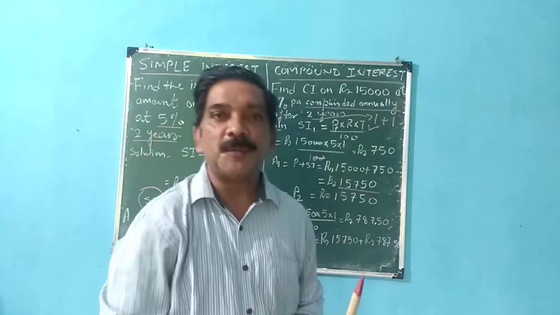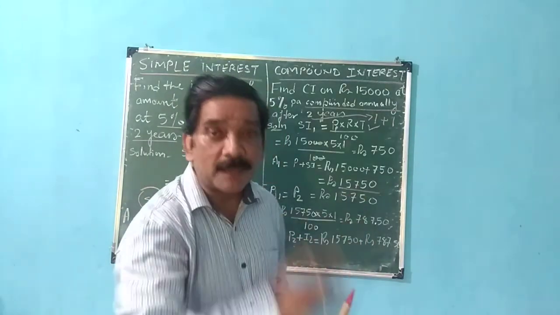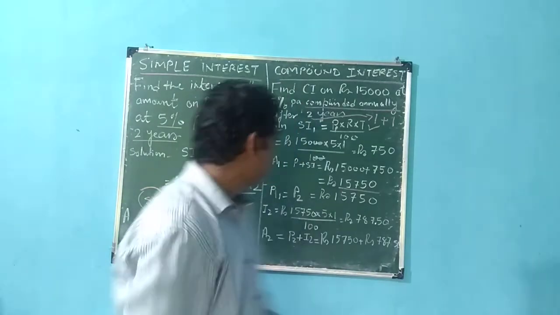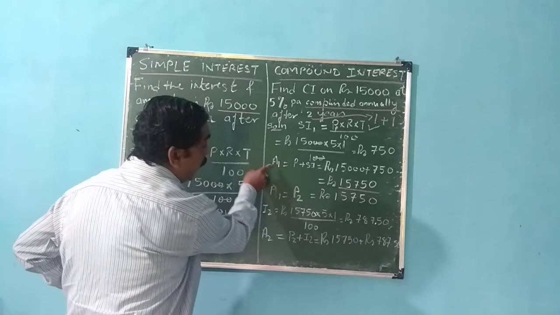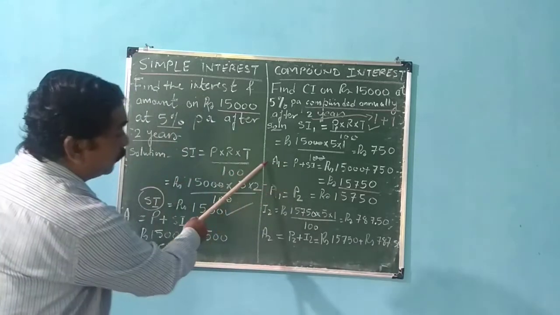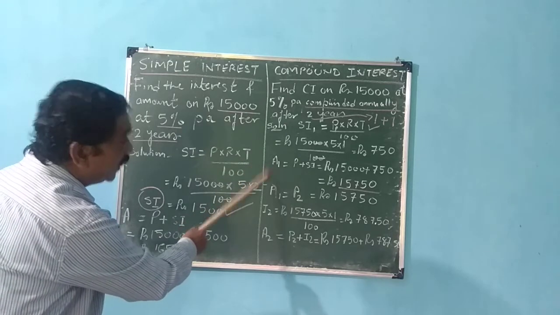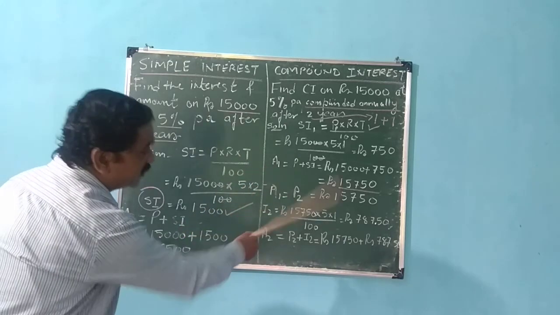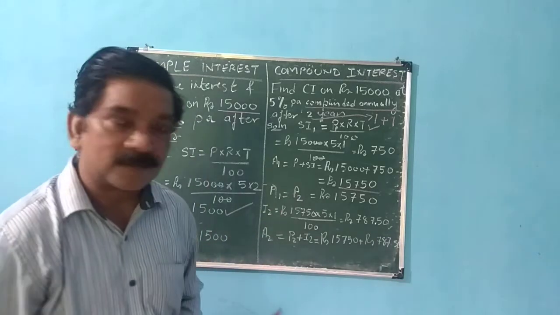So this amount for the first year will become principal money for the next year. Look here, I have written A1. A1 is the amount for the first year. This A1 money will become principal money for the next year. Again we will use the same formula in finding out the interest.